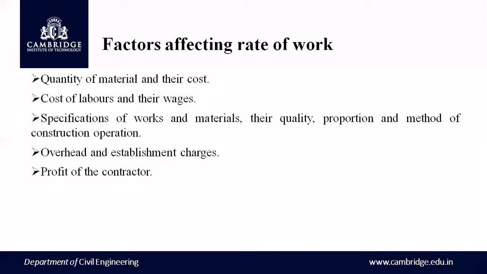And the second one is job overheads, that is supervision, handling of materials, repairs, labor amenities, workers' compensation, insurance, interest on investment, and losses on advances. These are the job overheads.